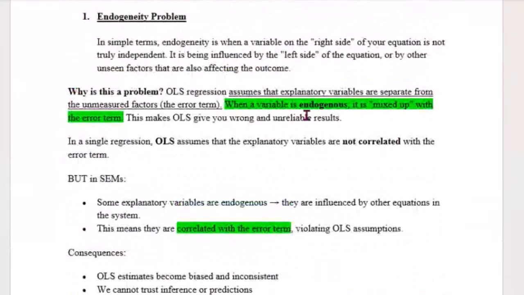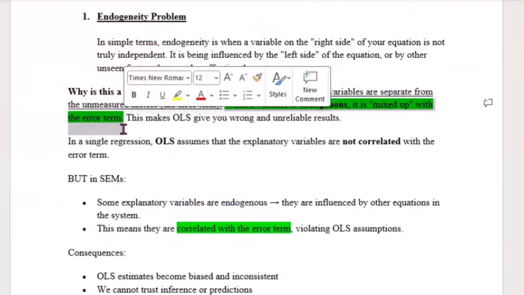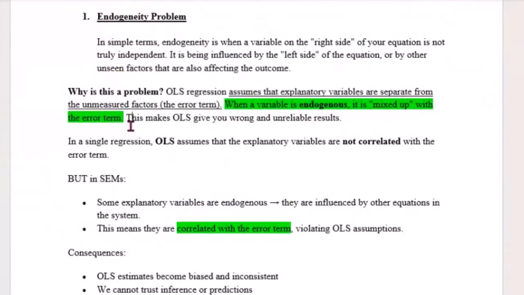That's why we are saying the endogenous variable is mixed up with the error term. And therefore the assumption that the independent variables are separate from error terms is violated.